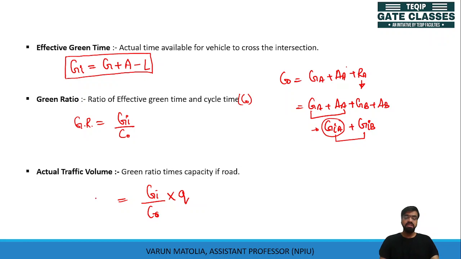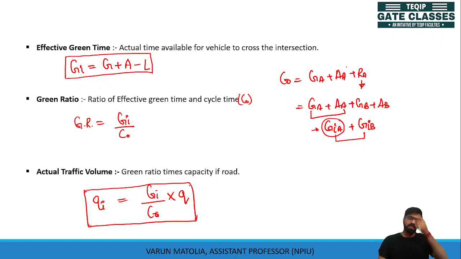This is your actual traffic flow capacity from the intersection. From one direction, these many vehicles will move in your green time. So these are some definitions which we will use in order to design the traffic signals.